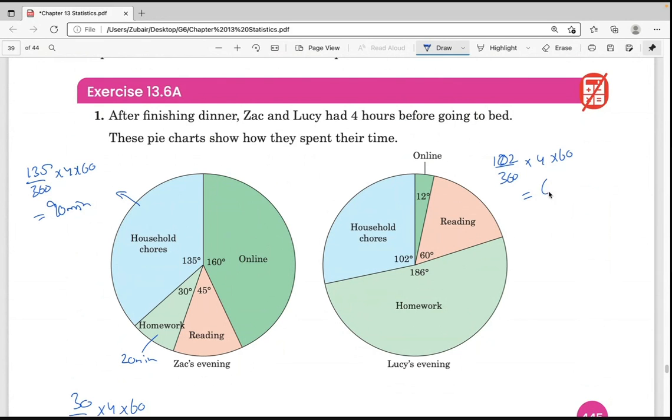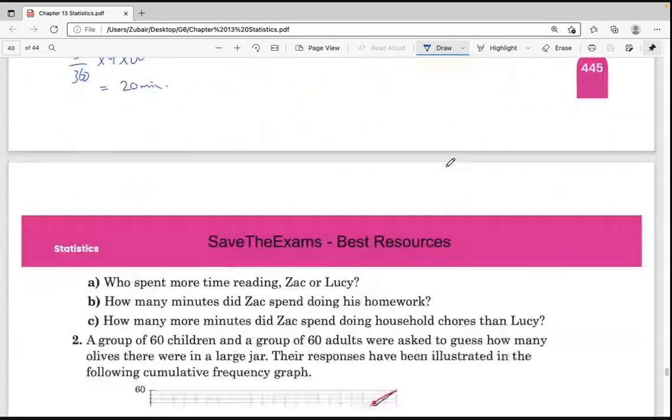So we'll do 90 minus 68, which is 22 minutes more. So simple comparing data.